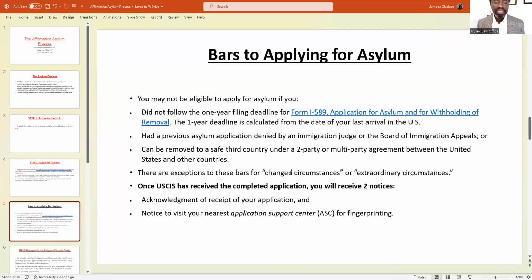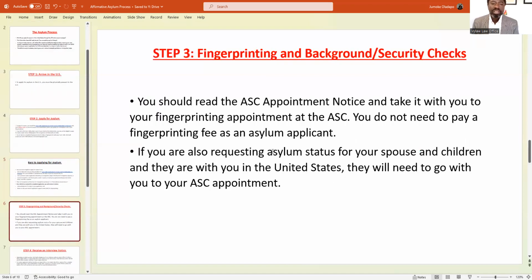Once USCIS has received a completed application, you will receive two notices: acknowledgement of receipt of your application and notice to visit your nearest Application Support Center for fingerprinting. Application Support Center, you will see abbreviated as ASC. Step three, fingerprinting and background security checks.